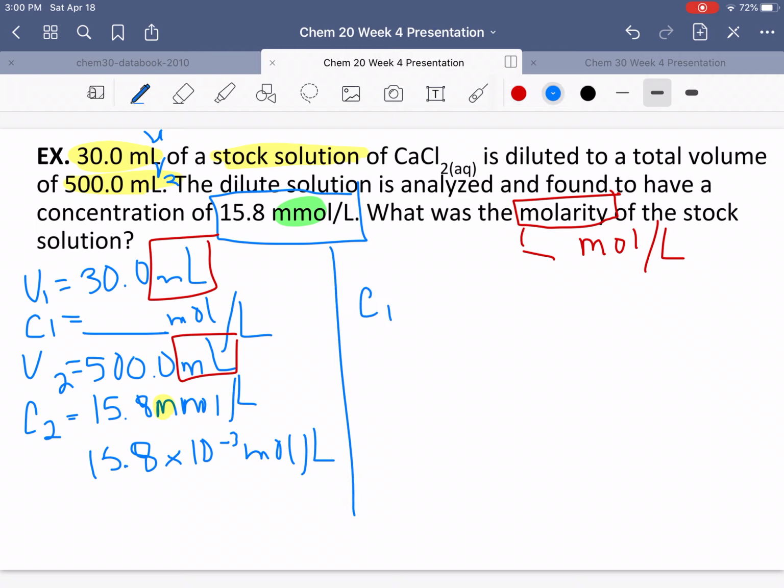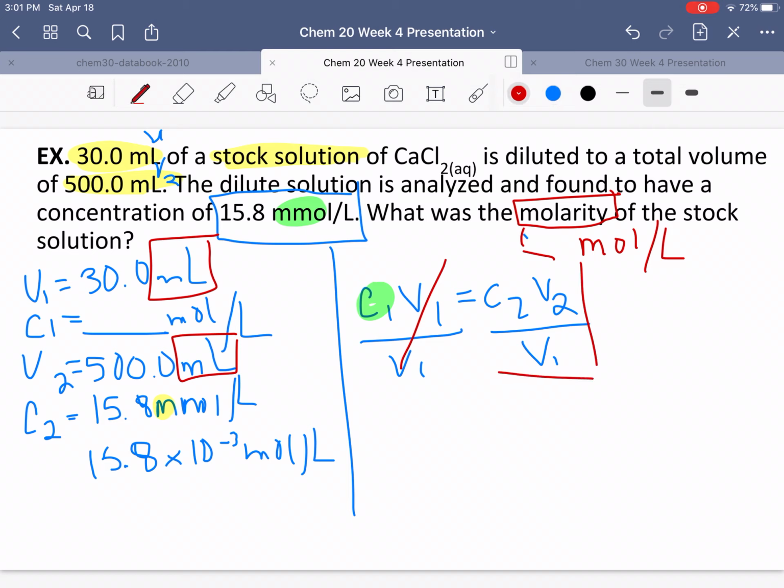Okay, let's do this. C1V1 equals C2V2. Whole point of the question is to find our C1. That means that I have to get it by itself. So divide by V1 on both sides. Those cancel out. And I know C1 is equal to this. Here we go.